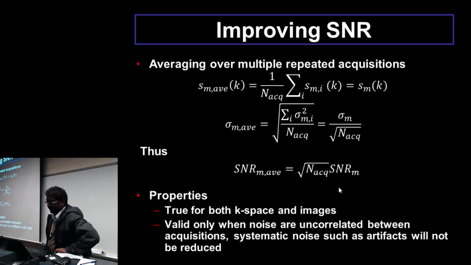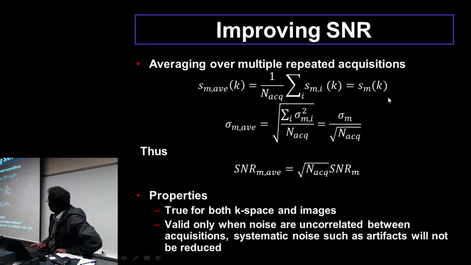Okay, so if you want to improve your signal to noise ratio, one of the ways is obviously to take multiple measurements and average them. So when you do that, you're essentially taking multiple signal samples, summing them up and dividing by n.